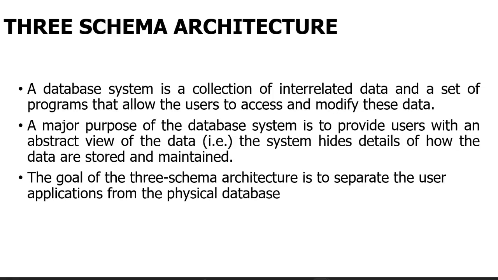Instead of providing those details, if you want to see the data in an abstract way, then this three-level schema architecture is used. So the goal of this three schema architecture is to separate the user applications from the physical database. That is the goal of the three schema architecture.